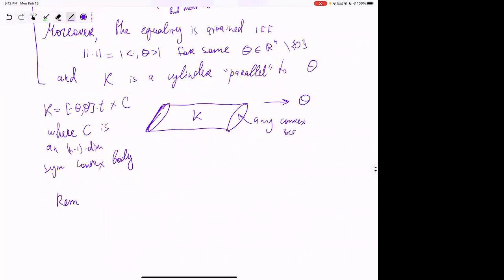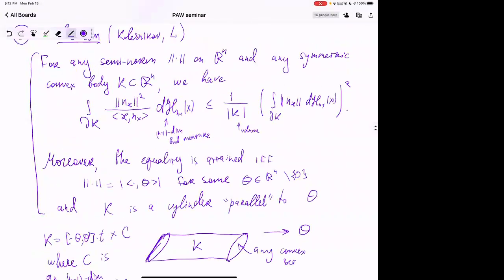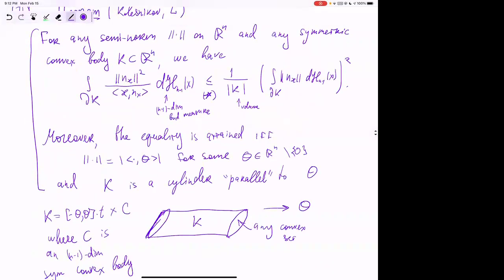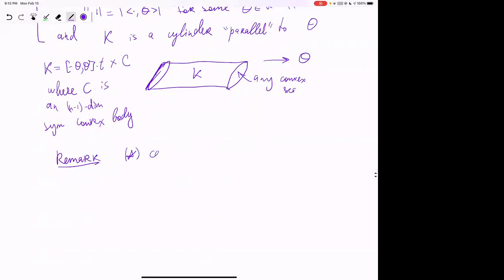Let me make a remark: this inequality, let me call it star, can be equivalently written on the sphere. So I can pass to the sphere, and instead of x, I will write a vector u.